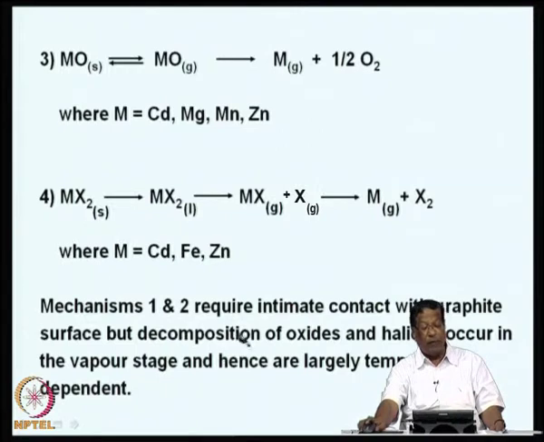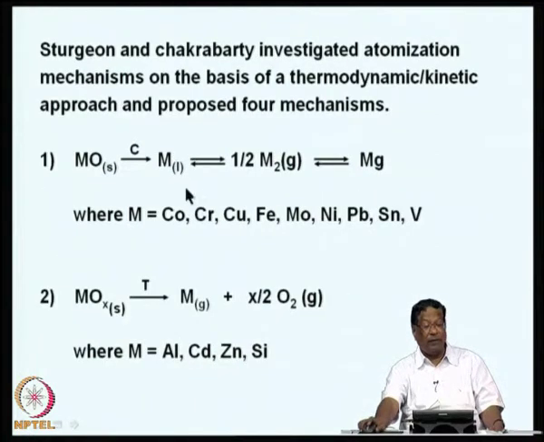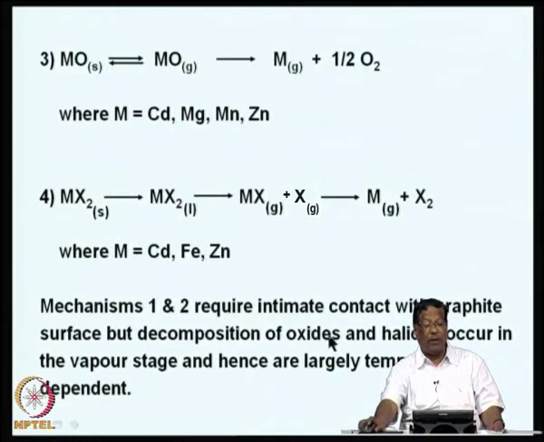So, mechanisms 1 and 2, what I explained to you earlier, involve decomposition of the oxides straight away into metal. Decomposition of the oxides requires intimate contact with the graphite surface for reduction to occur.